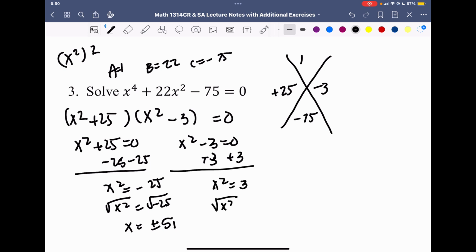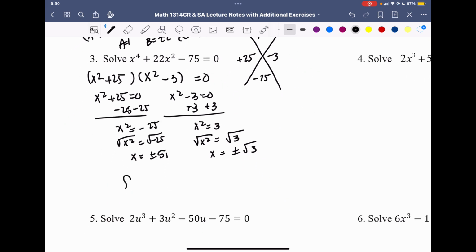Square root of x squared, square root of 3. x equals positive and negative square root of 3. So together it's going to be negative 5i, 5i, negative square root of 3, square root of 3. No decimals.